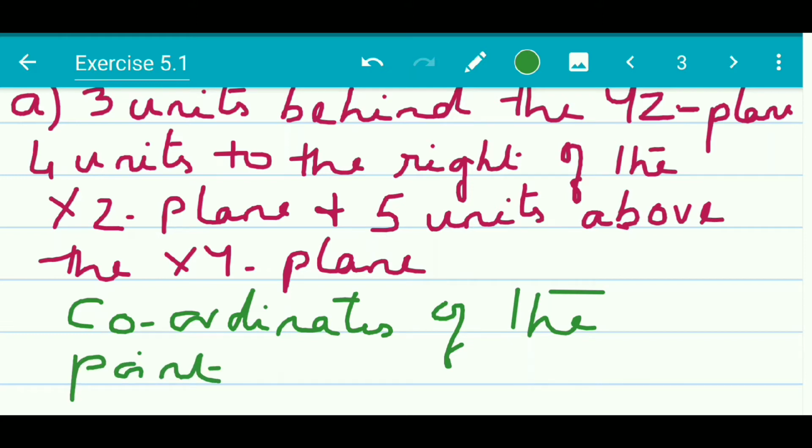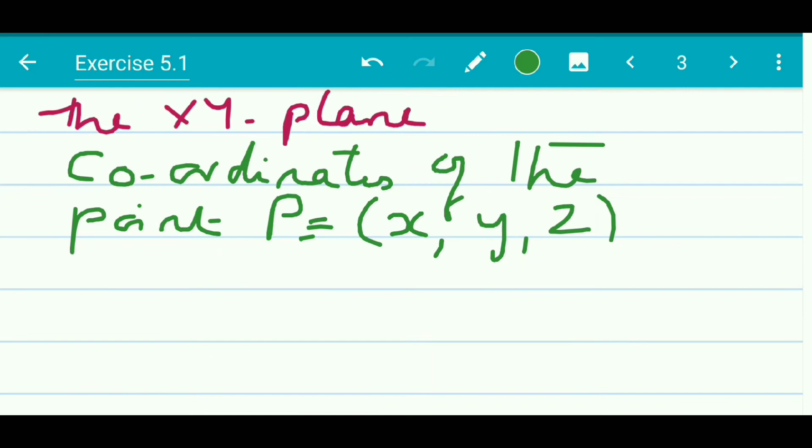See, the point is P. So the coordinates of the point are x, y, z. Now this particular point which they have given us is located 3 units behind the YZ plane.